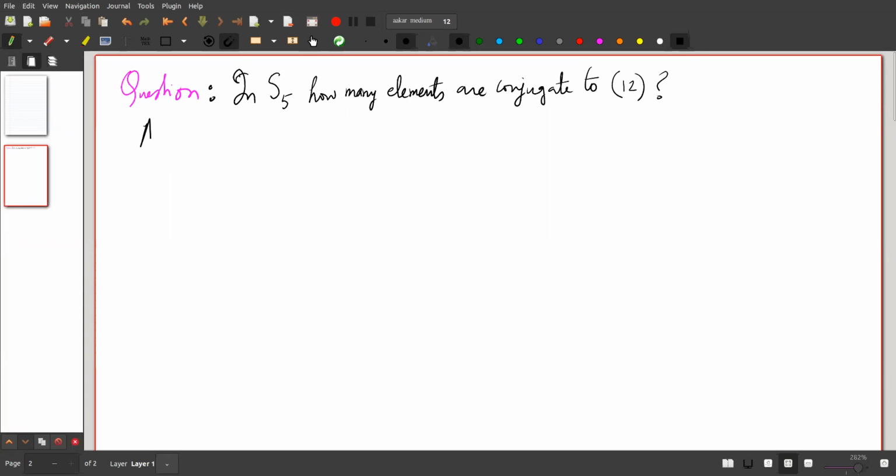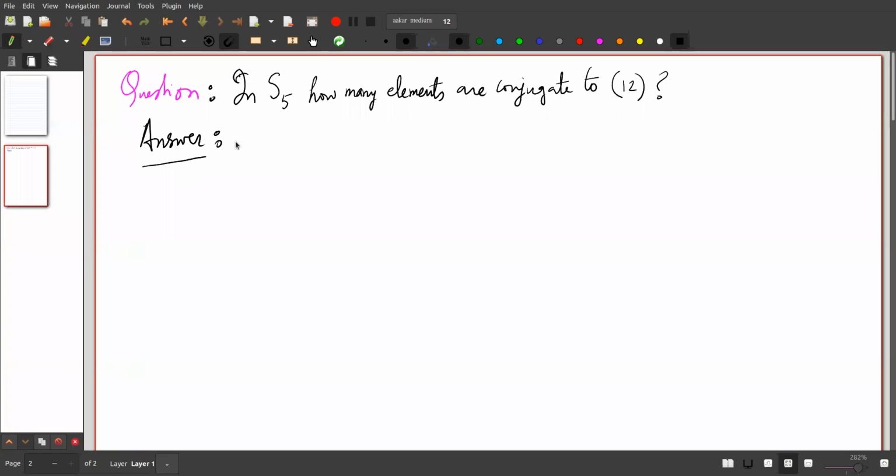What is your answer, madam? How do we do this? The number of elements of order 2 is equal to the elements in this conjugacy class. Well, why is that? Sorry, because (1 2)(3 4) also has order 2. Right, length 2.